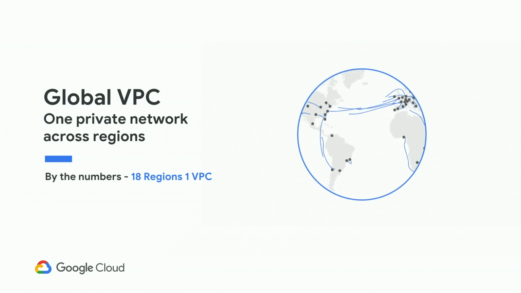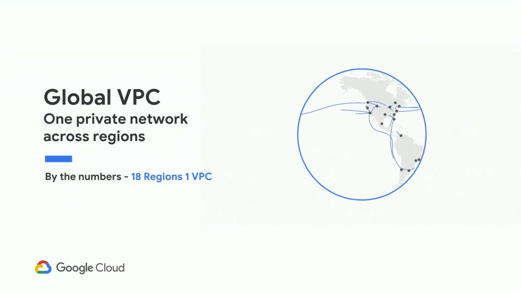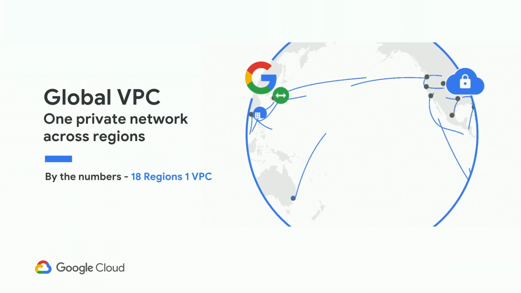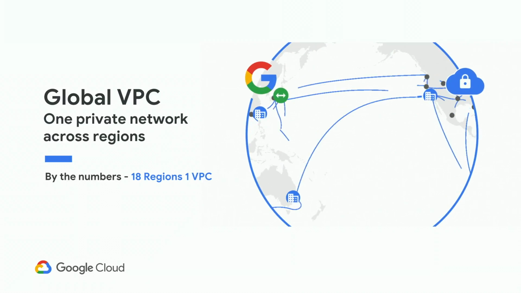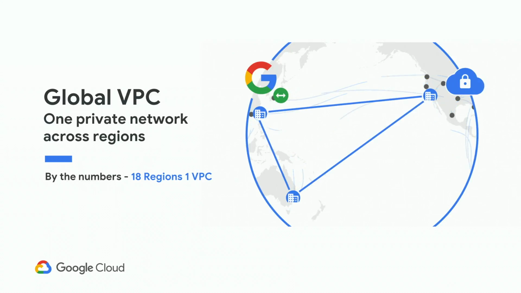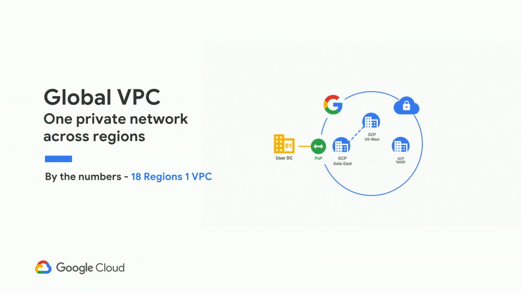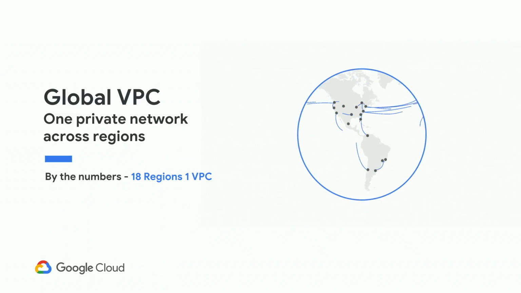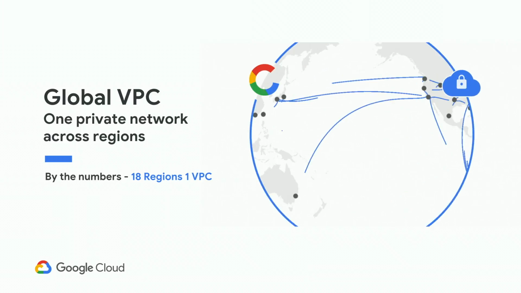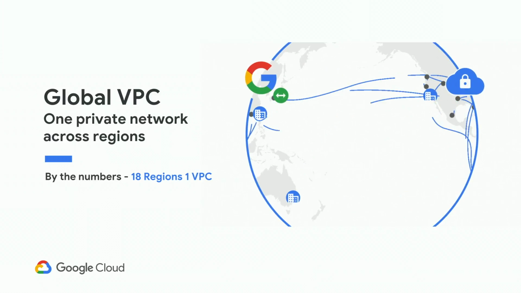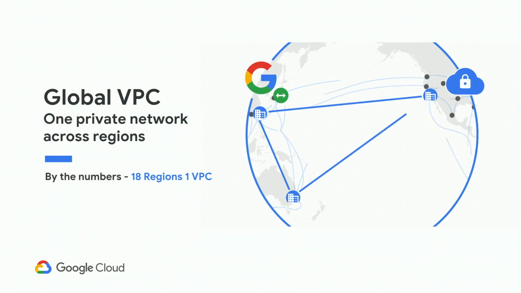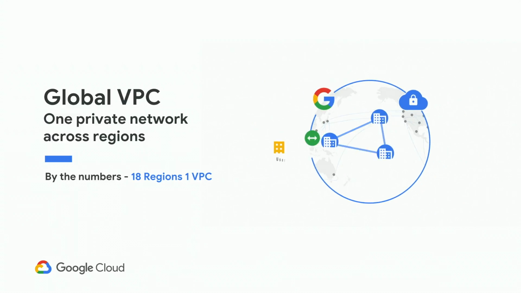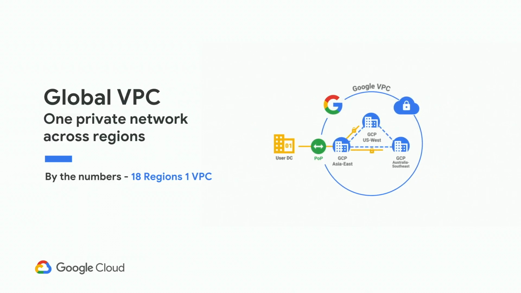So first, let's understand what VPC is. The first thing you need when you come to cloud is your own piece of cloud made private for you. So a VPC is your own logically isolated and secure piece of Google Cloud. It closely resembles a traditional network, something that you could operate in your own data center, but with the benefits of scalable and elastic infrastructure.